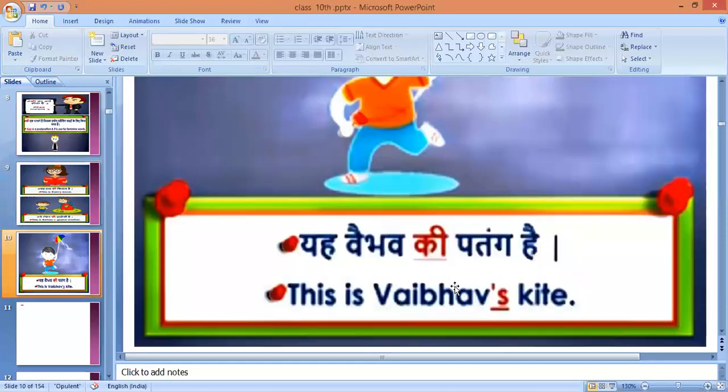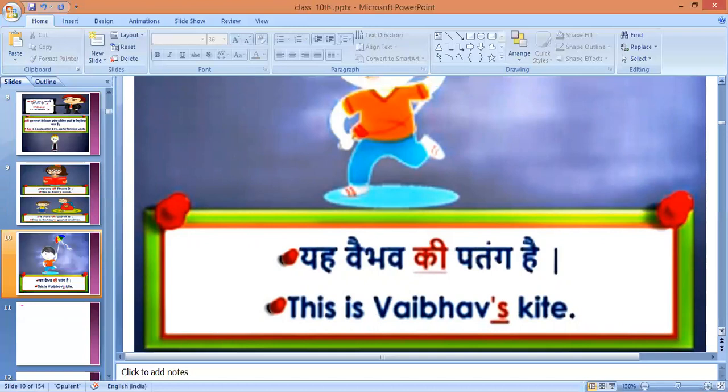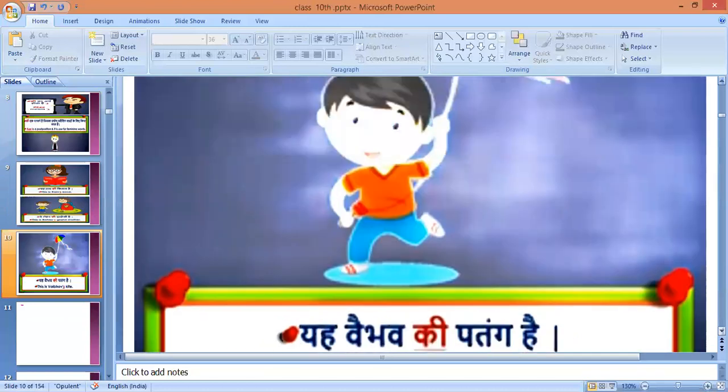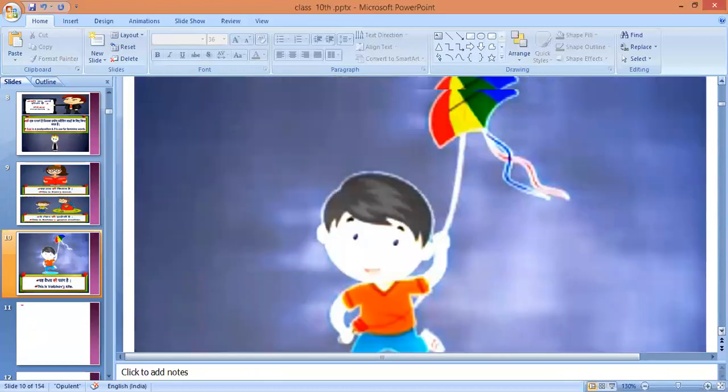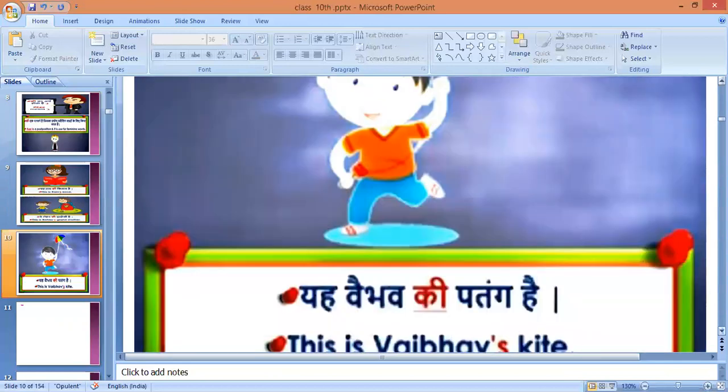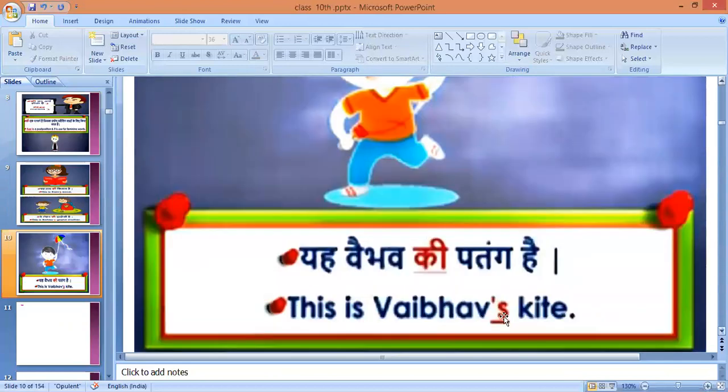Next example. यह वैभव की पतंग है. Here patang is also feminine gender, so that's why we use here बड़ी ई की मात्रा की. This is Vaibhav's kite, meaning apostrophe s. So wherever apostrophe s is there, naturally we use this long pronunciation.